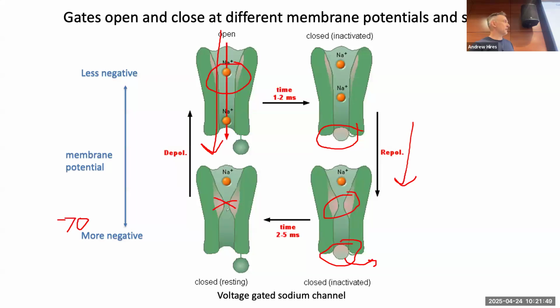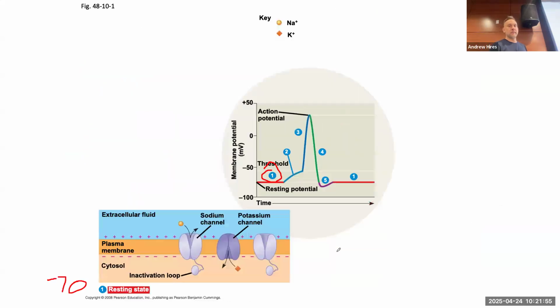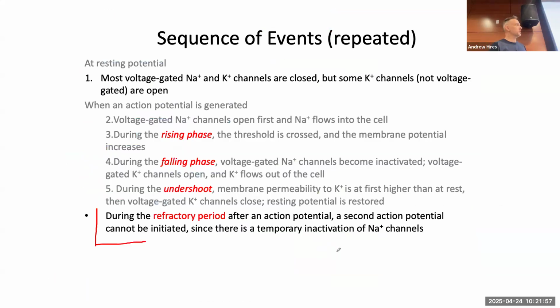If this gate is open and this plug is closed, there's not going to be any current, not going to be any ions flowing. So that refractory period is dependent on how quickly a sodium channel is going to de-inactivate, for the inactivation gate, the plug, to fall out.